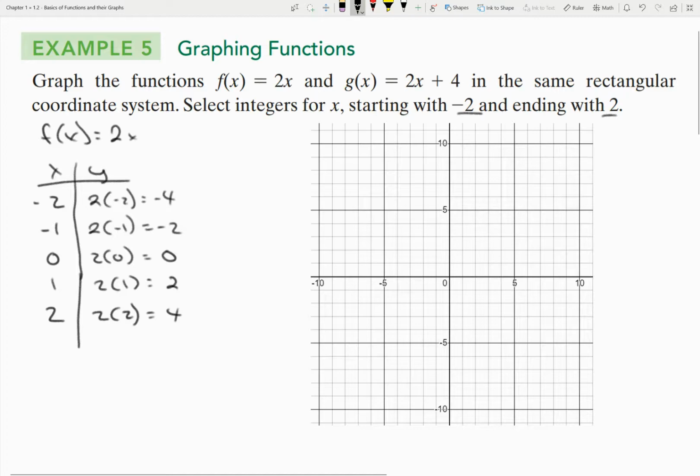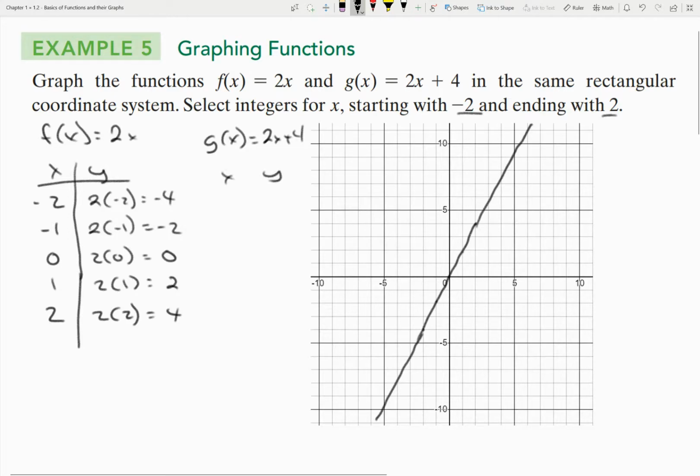Okay, and then I would graph this equation, which my ordered pairs would be -2, -4, -1, -2, 0, 0, 2, and 4 to get my line, and let's keep it going, kind of like that.